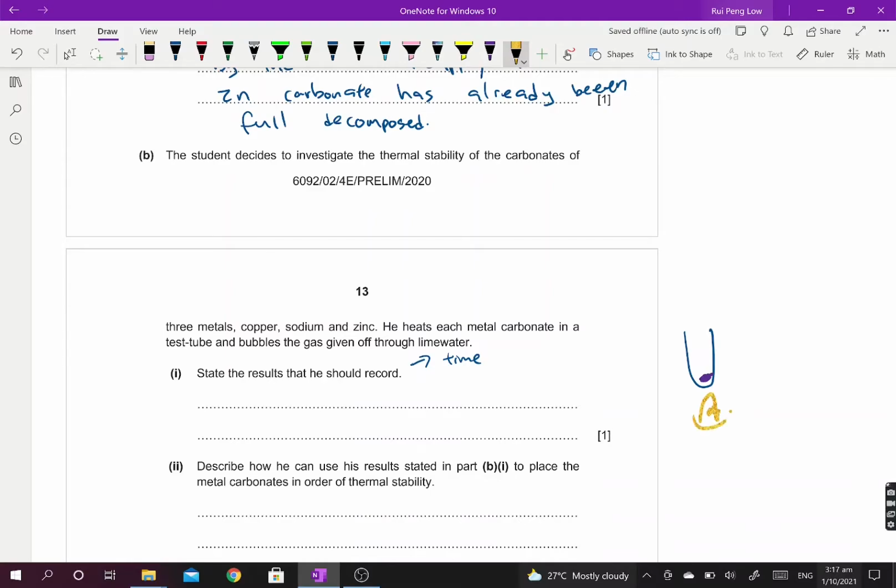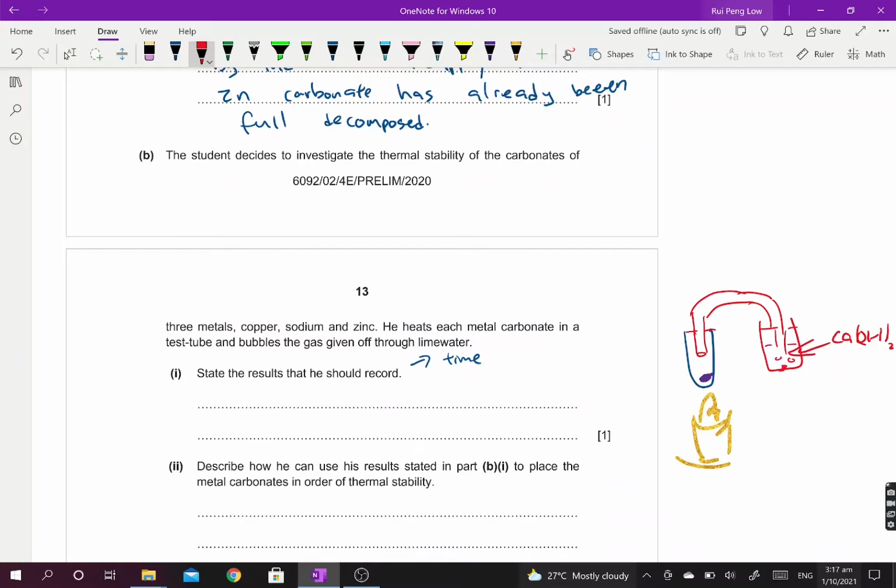Okay, I heat it. Now you can heat it until you observe some bubbles form in the lime water, Ca(OH)2. Okay, so you can measure the time it takes to reach that state where you can see the bubbles here.